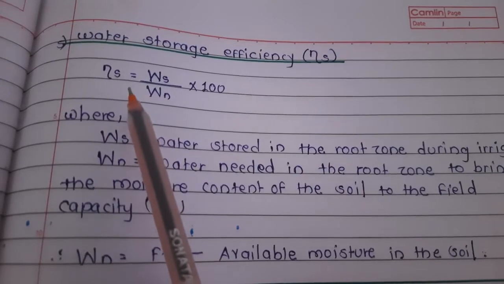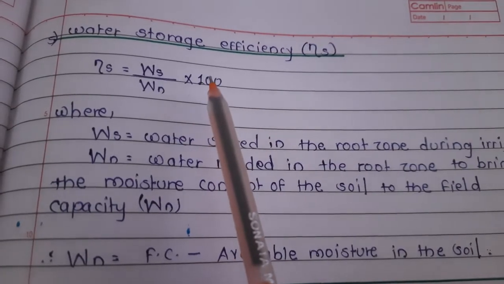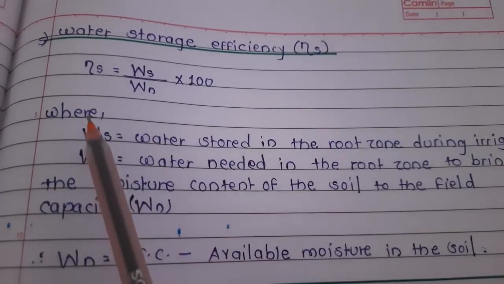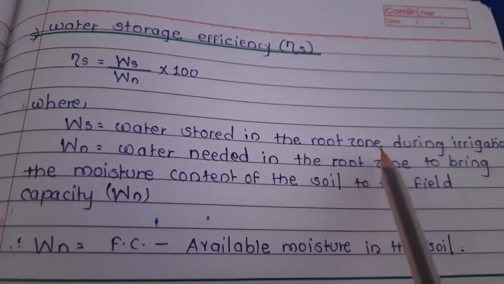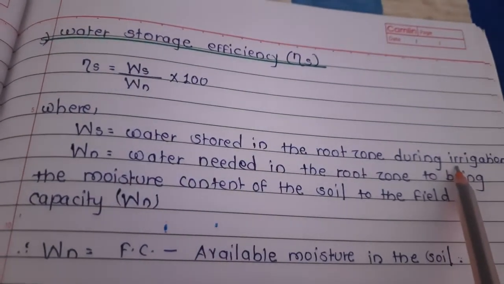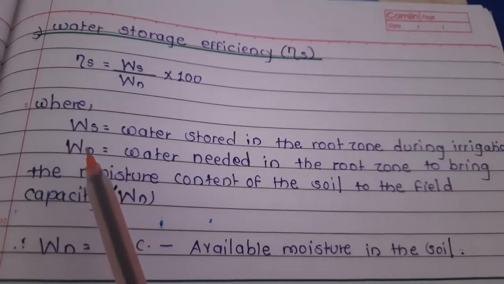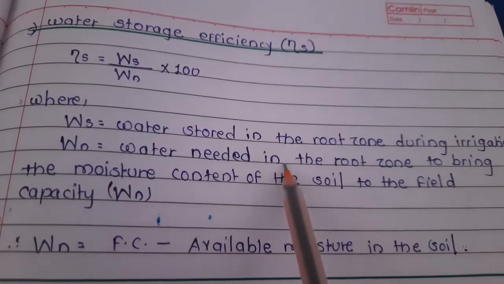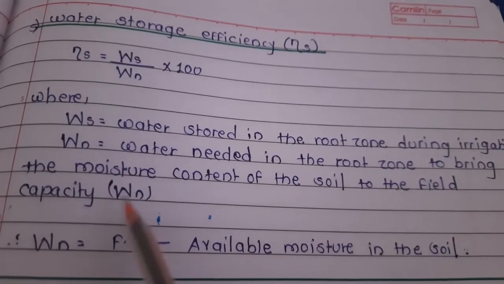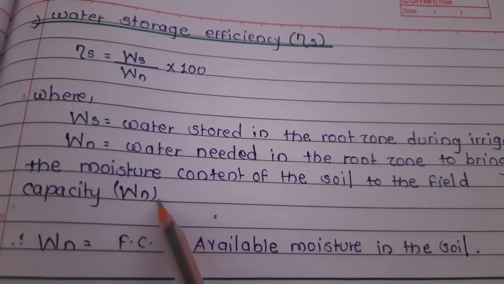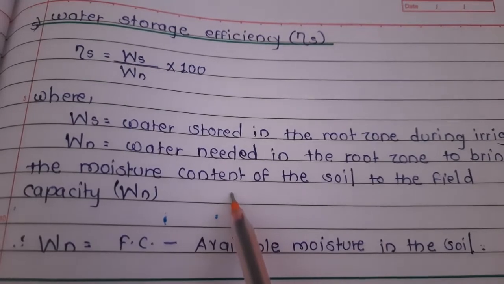Eta S is equal to Ws upon Wn, times 100 if we require it in percentage, where Ws is the water stored in the root zone during the irrigation, that we say 100 liters, but Wn is the water needed in the root zone to bring the moisture content of the soil to the field capacity, but we required 130 liters of water.